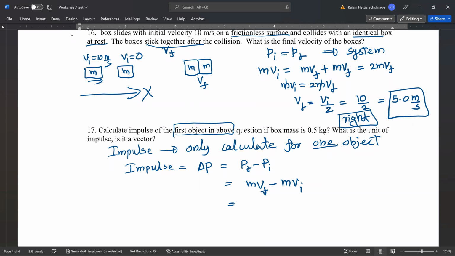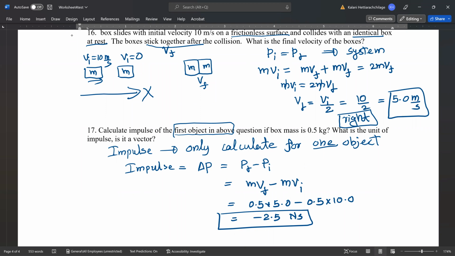Mass is 0.5 times V final, 5, minus 0.5 mass and V initial given as 10. So this definitely will give us a negative number, 2.5. The unit of momentum, Newton second, you can give. That's the final impulse answer.